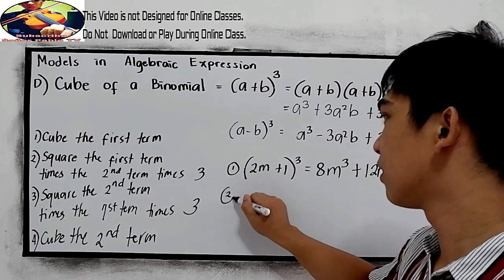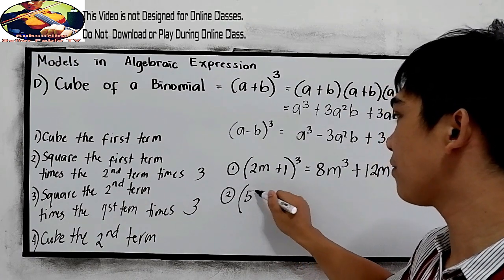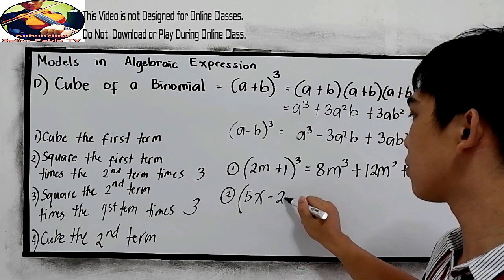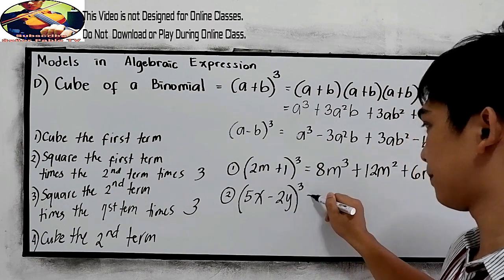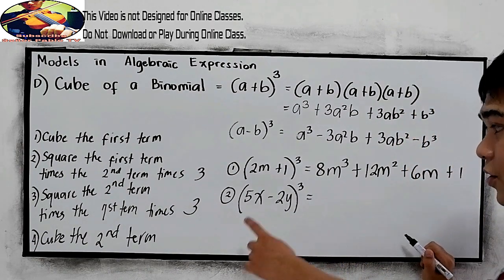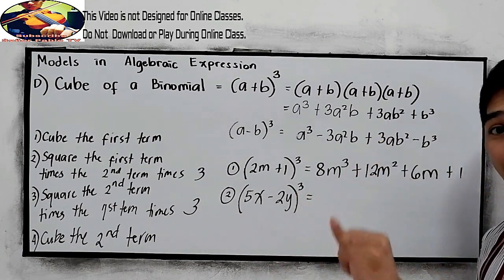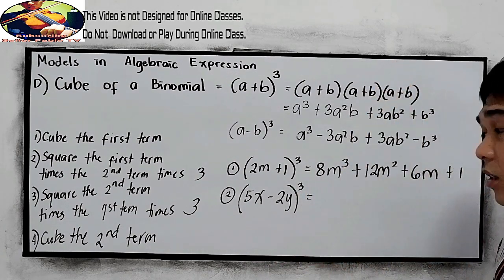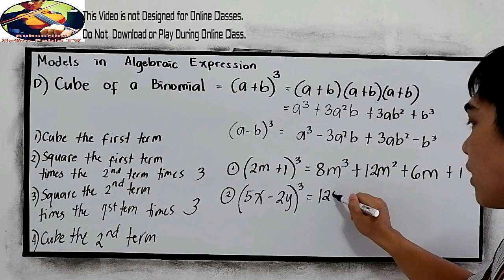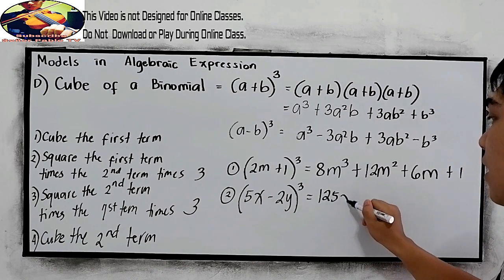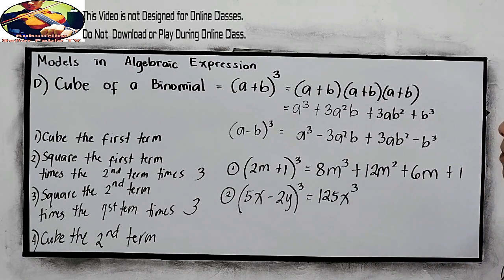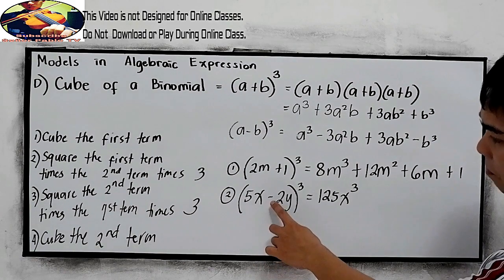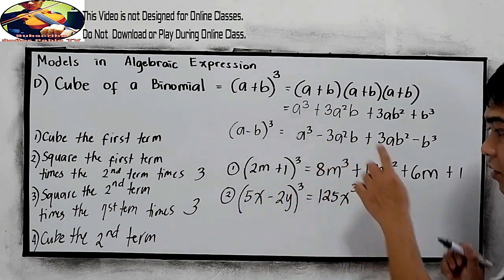Next, what if we have 5x minus 2y raised to 3? So 5 cubed, that is 5 times 5 times 5, 125x cubed. Next, this is minus, so our sign must be alternate.